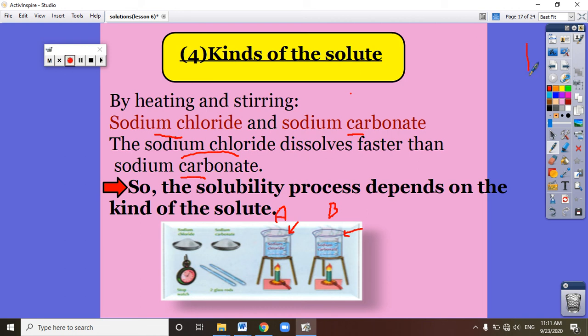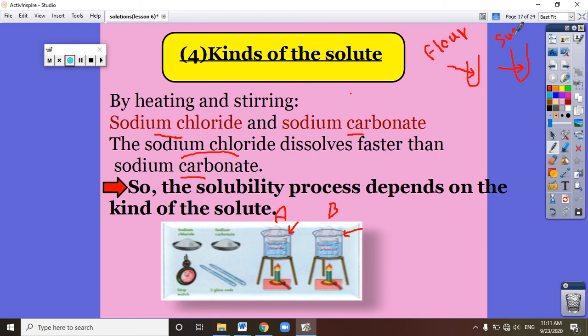I'll make another experiment. I have here two beakers. Okay, in the two beakers also I'll put the same amount of water. Okay, in beaker number one I'll put flour. Do you know what is the flour? It's a white powder that we use to make a cake. Okay, and bread. That's flour here. Okay, and in beaker B I'll put sugar.